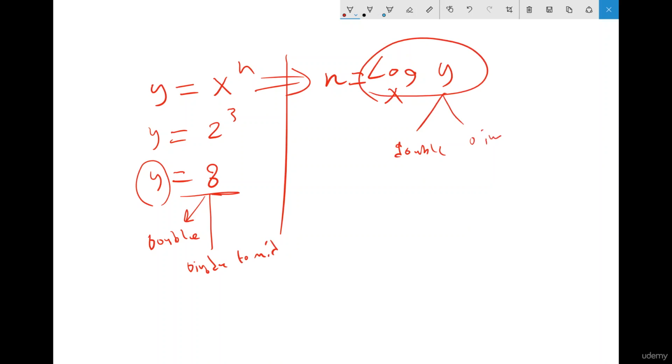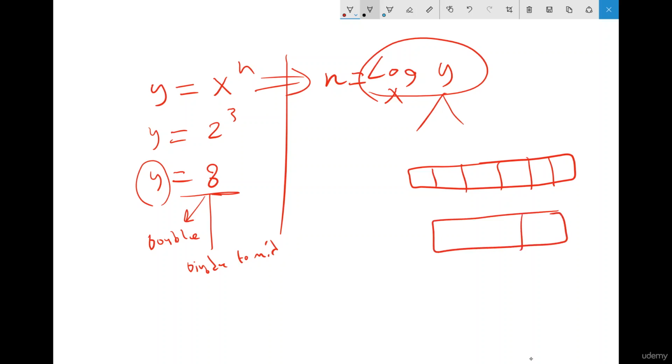So if you have this tree, for example, with 6 elements, the second time it will be 3 elements, the third time it will be, for example, 1 element. 6, 3, 1 is not a good example, so let's suppose it is 8, so it will be clearer. 8 becomes 4, 4 becomes 2, and 2 becomes 1.